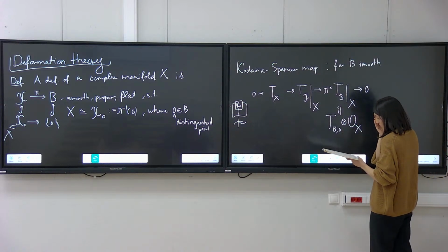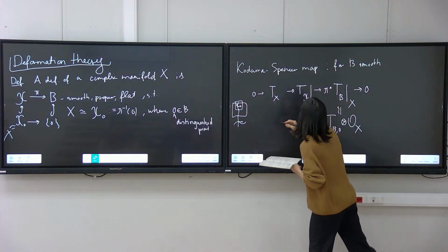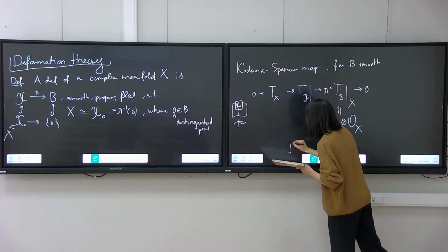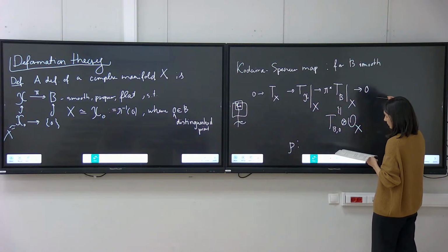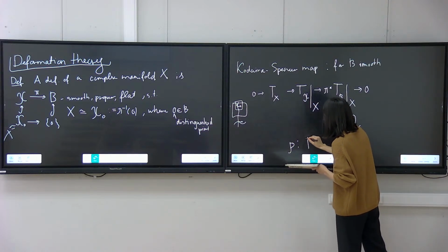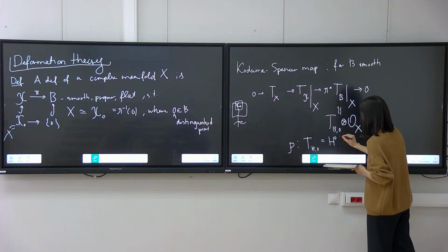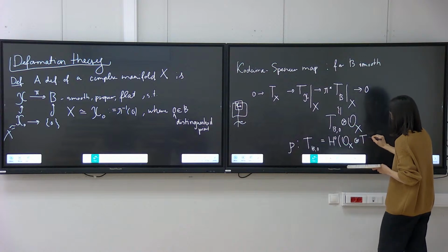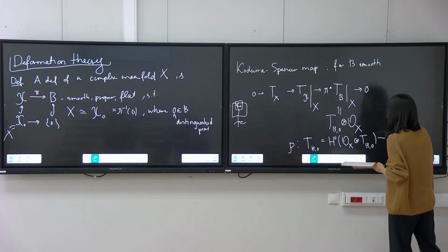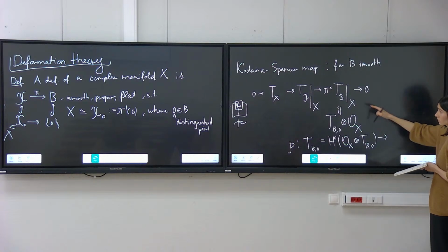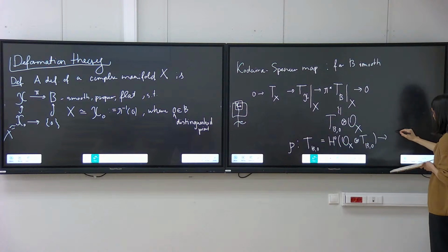And now, what is the Kodaira-Spencer map? This is a map that we obtain from the long exact sequence of cohomologies. So T_B at 0, that is the global sections of this vector bundle, is mapped to where? From this exact sequence.